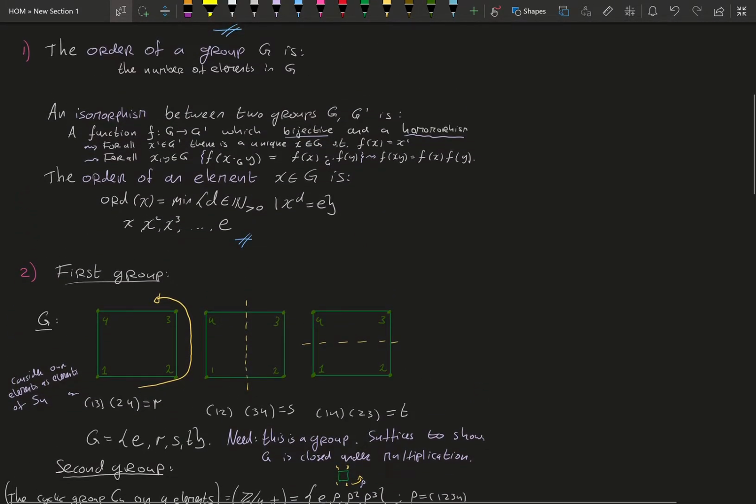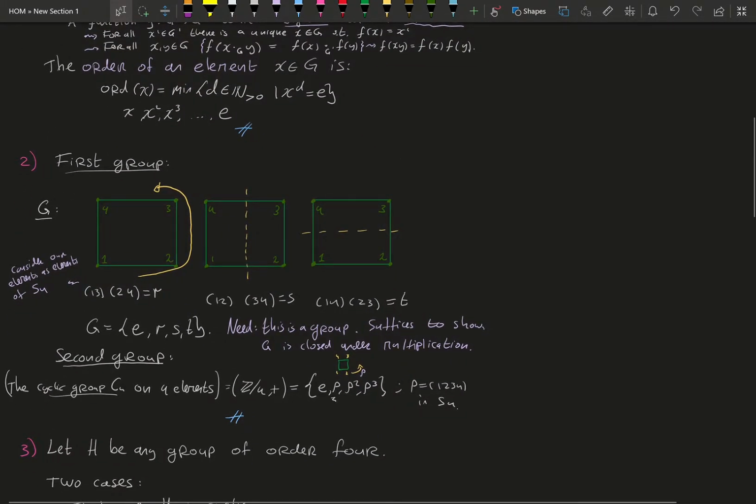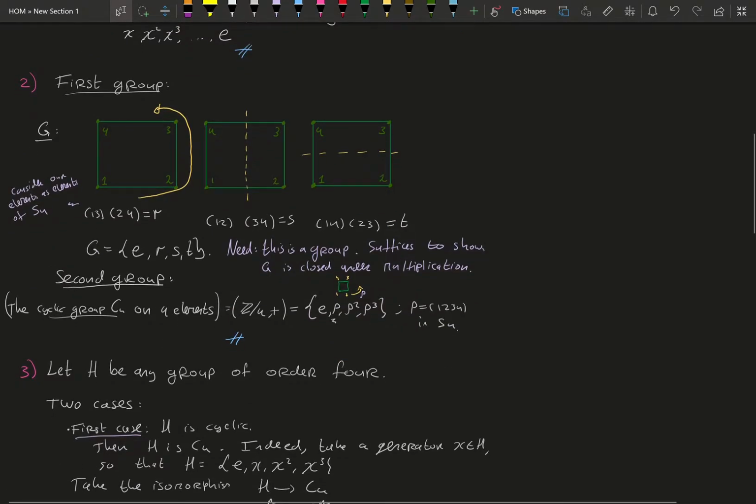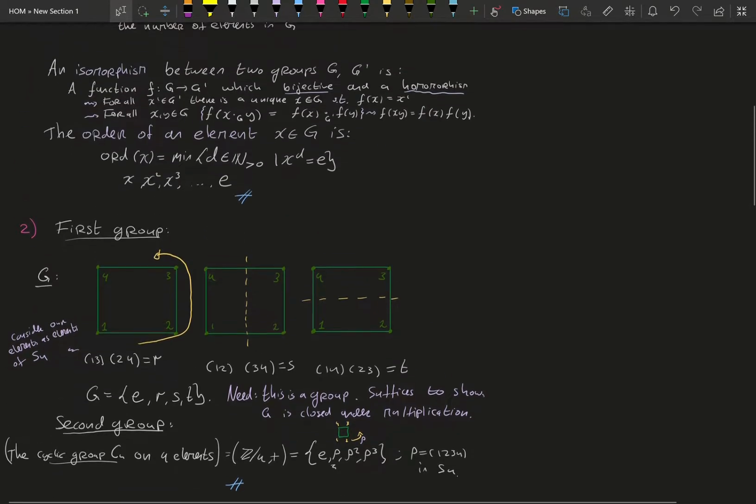I guess I didn't really say why these two groups that we created are non-isomorphic, but after the fact it's, I think, clear why they are not isomorphic to each other, because the cyclic group of order 4 has an element of order 4, namely the generator, and this group G has no element of order 4, so it cannot be cyclic.